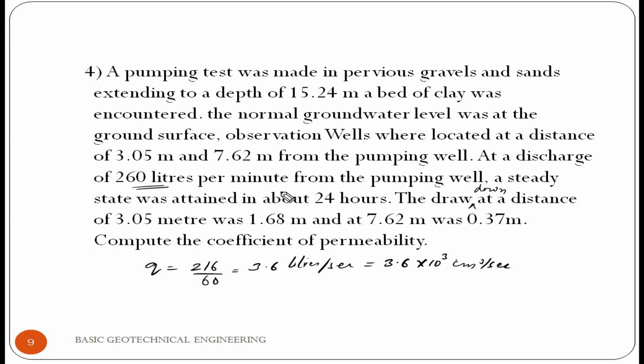So here two observation wells were located at distances of 3.05 meter and 7.62 meter. So here R1 is equal to, that is the radius of the first observation well from the main well, R1 is equal to 3.05 meter, and R2, that is the radial distance of the second observation well from the main well, is 7.62 meters.